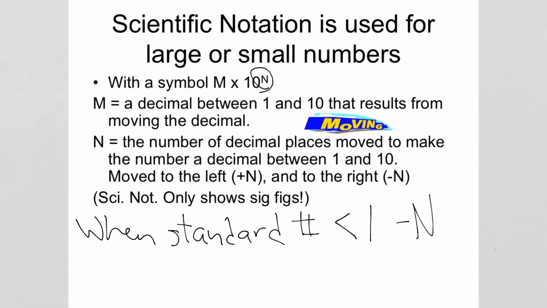Okay? When the number is greater than 1, the n is positive. So like I said, 75,000 is greater than 1, so that would be a positive n for how many decimal places it's been moved. And likewise, if I had 0.1, that number's less than 1, it's going to be a negative n. That seemed to help me out. Hopefully it does for you too.